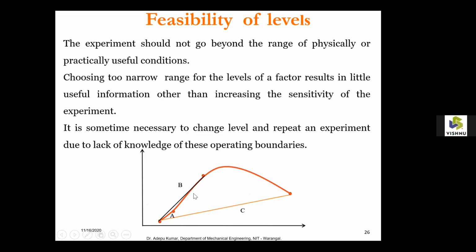With the use of some optimization techniques, I am getting the maximum value. So the particular range is required. Whatever equation you develop is valid from here to here, whereas for this B range, it is valid only up to this point, not this point.